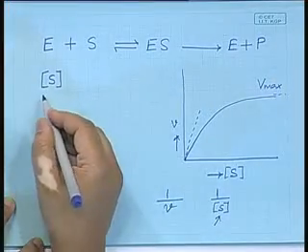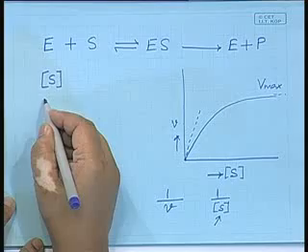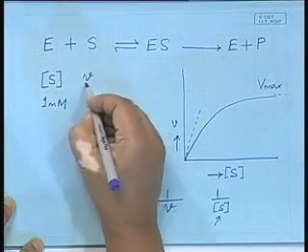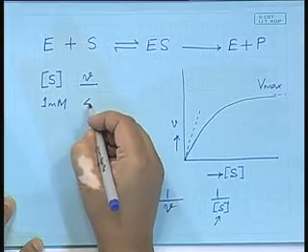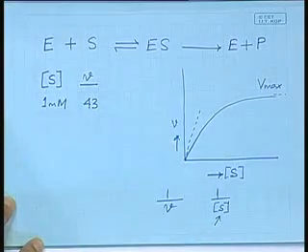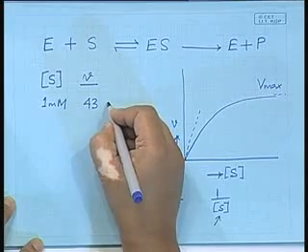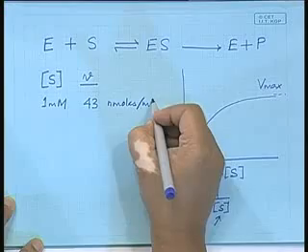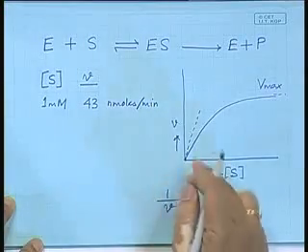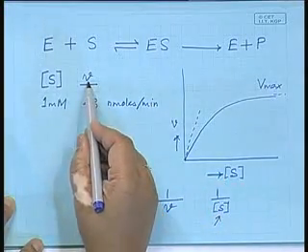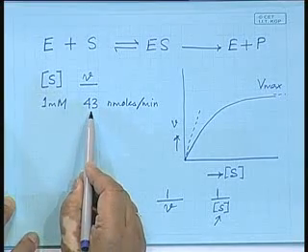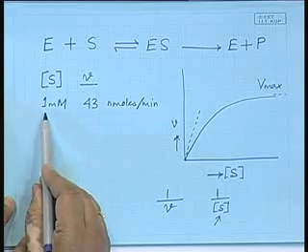Okay. So say for substrate concentration 1 millimolar, my velocity is 43. This velocity is given in nanomoles per minute. So now I have a particular velocity. What is this velocity? It is the initial velocity associated with the substrate concentration of 1 millimolar.